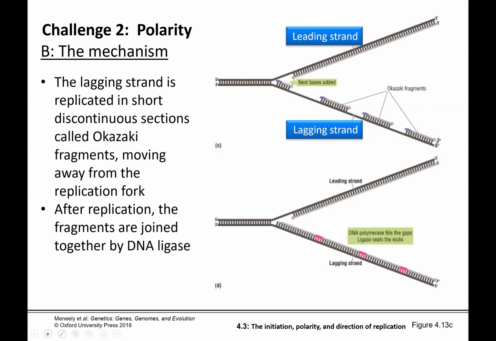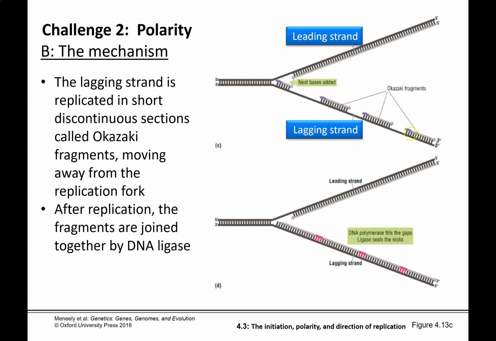So I like this diagram because it removes some of our complex pieces, but up on top we have that leading strand. That's the one that's going to be working in a continuous motion, and that's going to just continue all the way along following that replication fork and the helicase molecule all the way down.